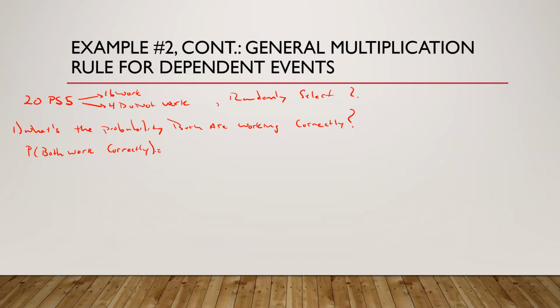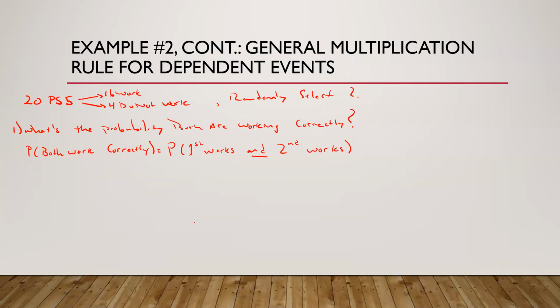I can just drink coffee. What does the first one need to do, if I want them both to work correctly? The first needs to work, and what does the second one need to do? Yep, both have to work. So it's probably the first works, and the second works.